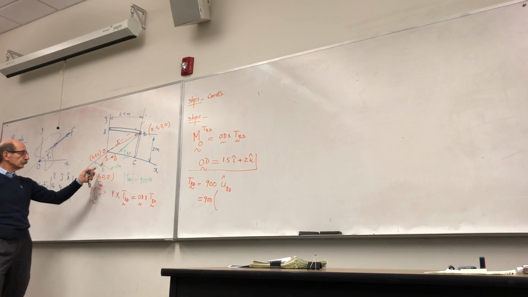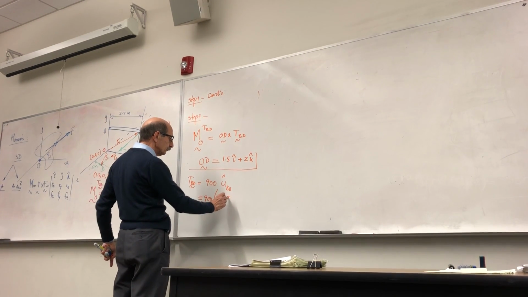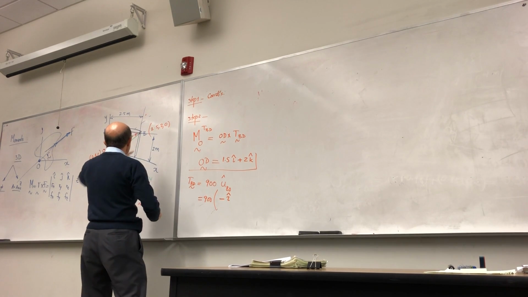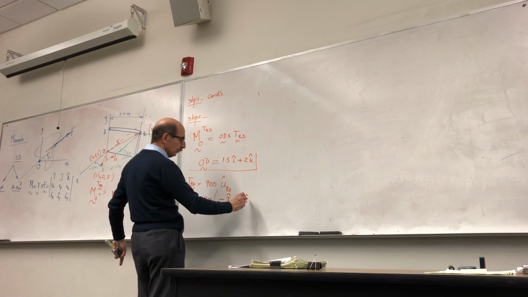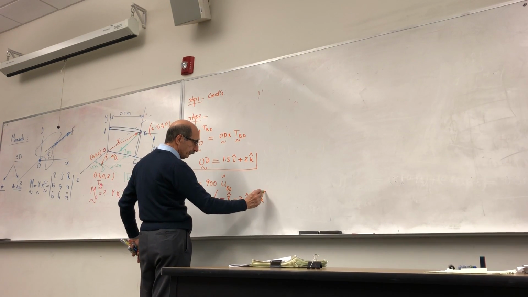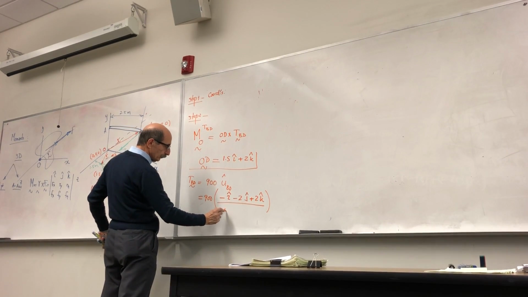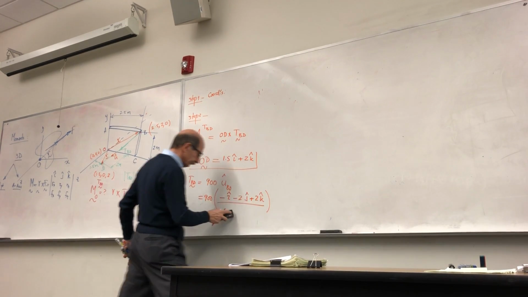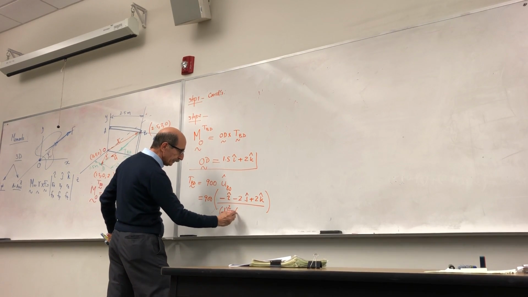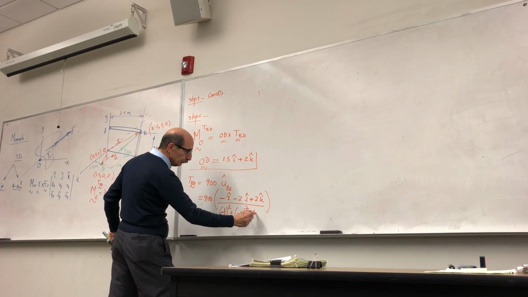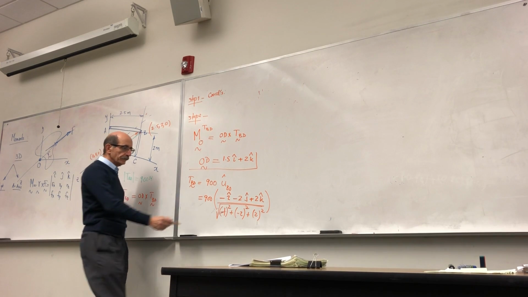So this would be D minus B. So it would be (1.5 minus 2.5) i, (0 minus 2) j, (2 minus 0) k, divided by the length of BD, which is the square root of negative 1 squared, plus negative 2 squared, plus 2 squared, so that is the square root of 9, so this would be 3.